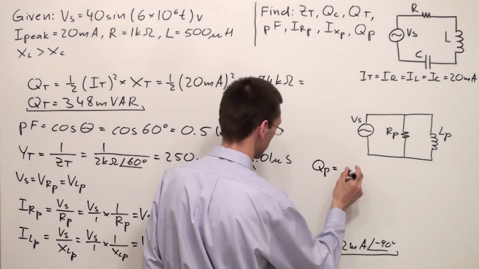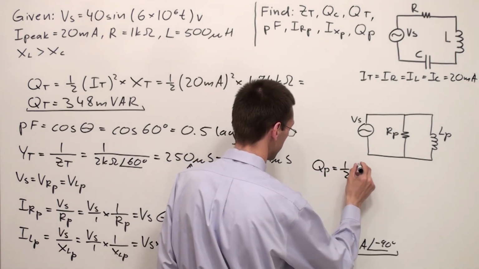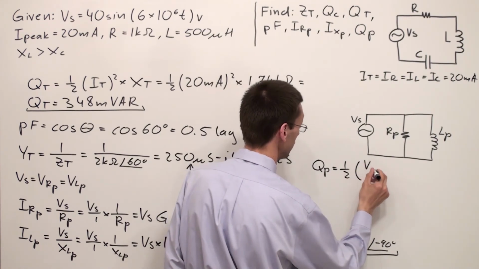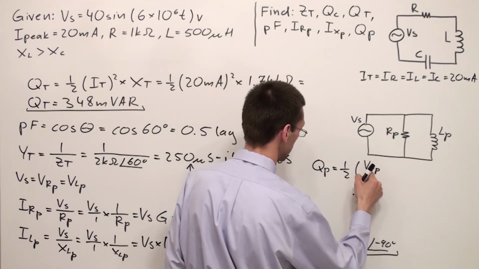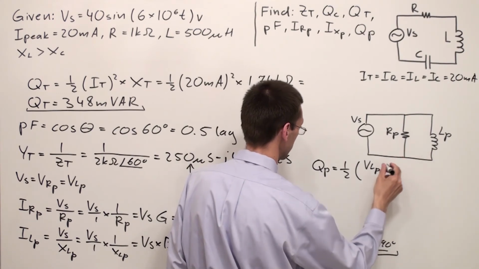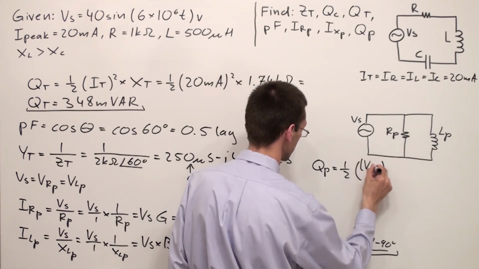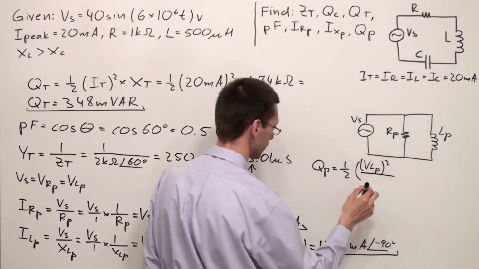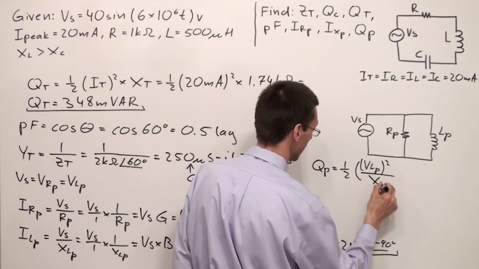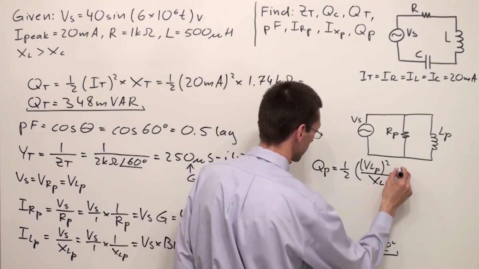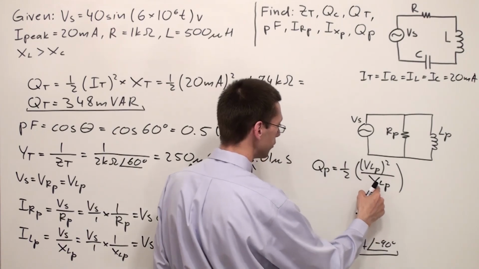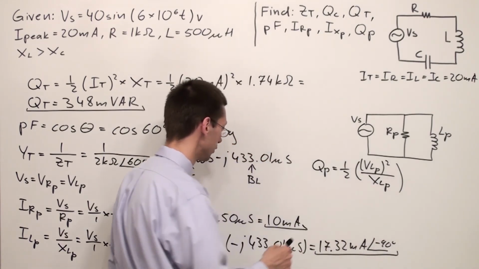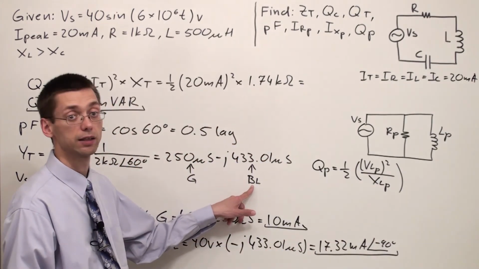Now we are ready to find the total reactive power. QP is equal to 1/2 VLP, the voltage across the inductor in my parallel equivalent circuit, raised to the second power, over X of LP. Okay, but we didn't find X of LP, but we found the inductive susceptance.